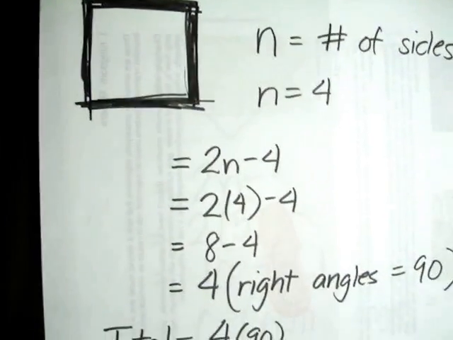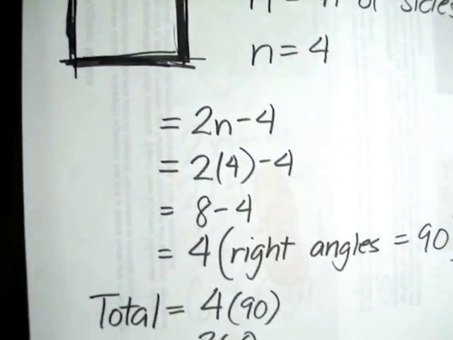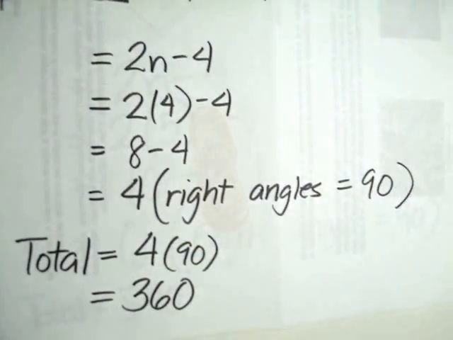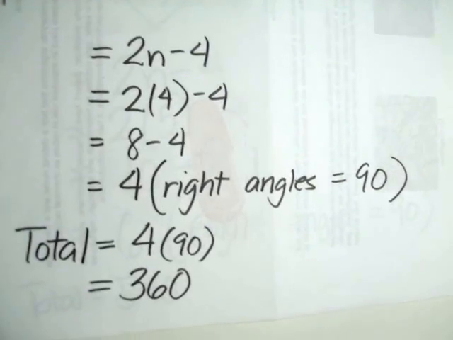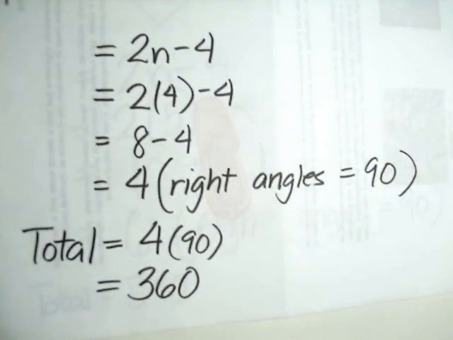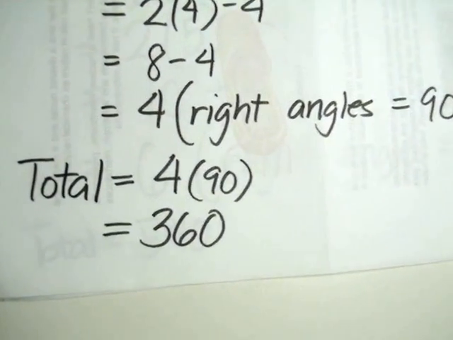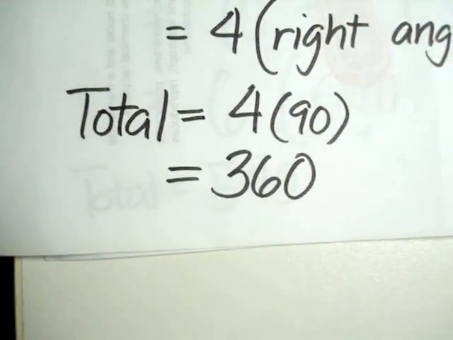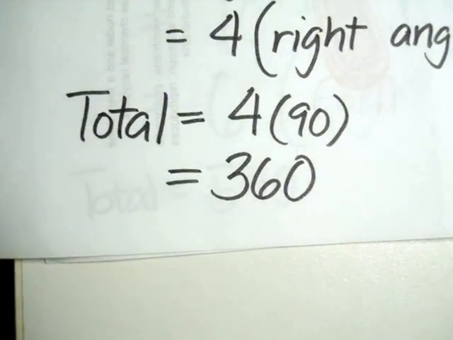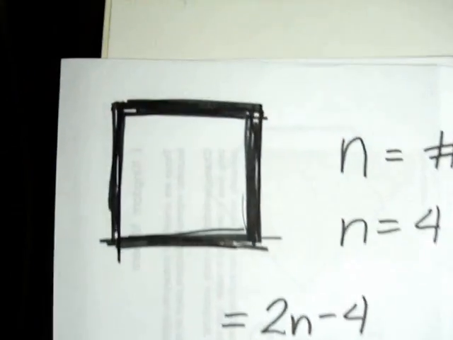In the formula 2n minus 4, 2 times 4 minus 4, so that is 8 minus 4. And as Pythagoras said, the answer will be 4 right angles. So a right angle is 90 degrees, so 4 times 90 equals 360, and the total is the measurement of angles inside a certain polygon, which is a square.